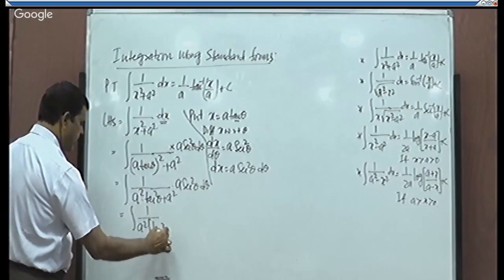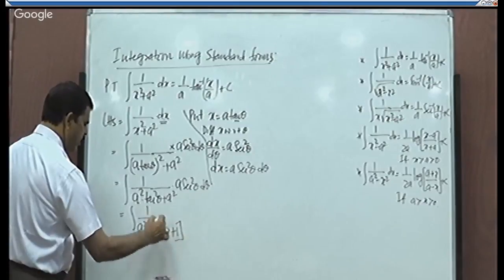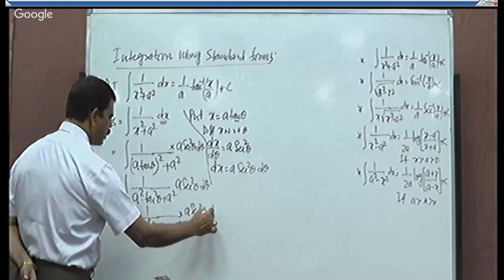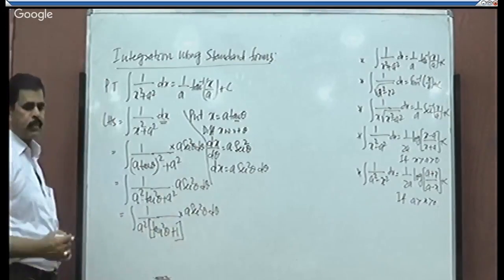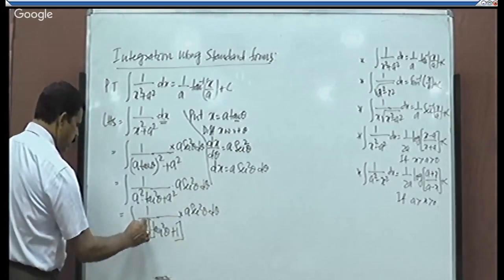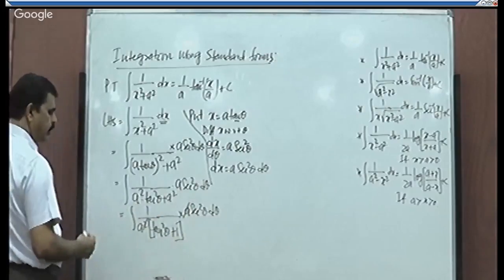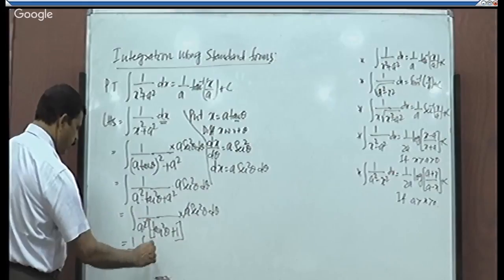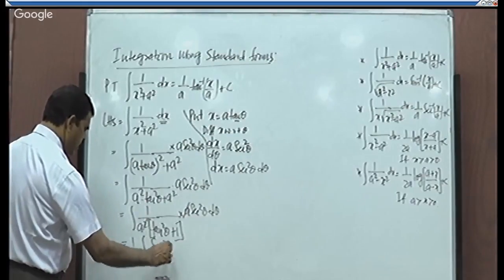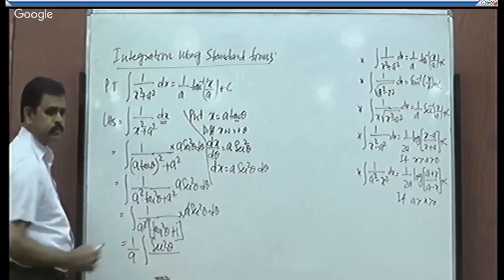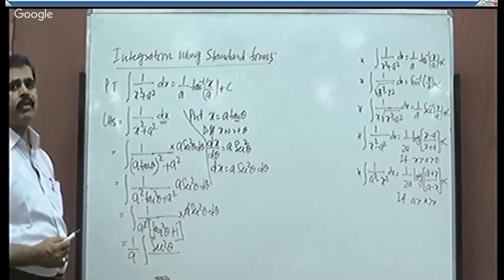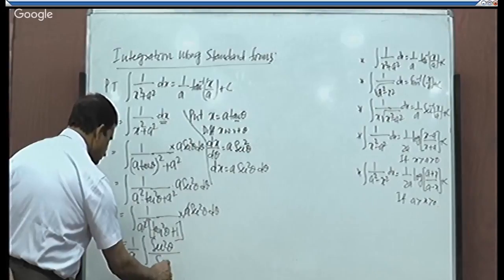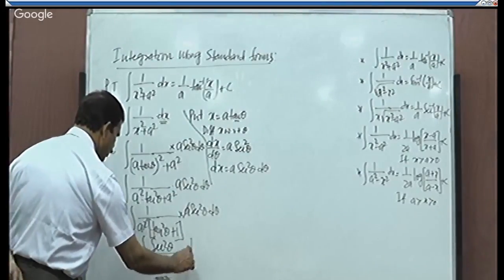Tan square theta plus 1, into a into secant square theta d theta, right? Now the a gets cancelled. What is remaining is 1 by a into integral of secant square theta divided by tan square theta plus 1. Tan square theta plus 1 is also equal to secant square theta, into d theta.